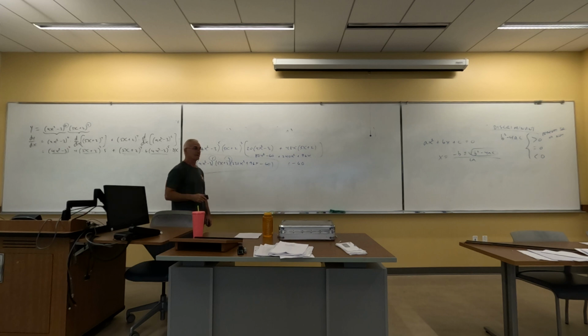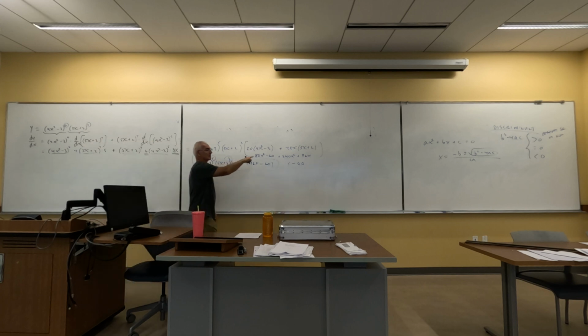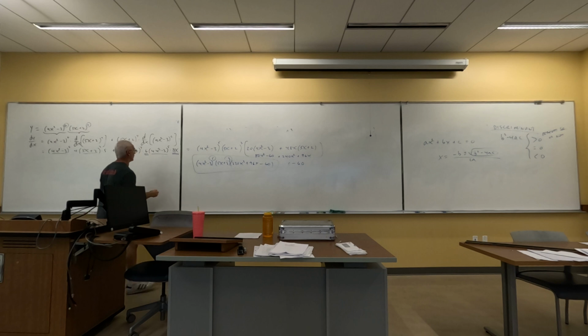For the 48 though, I don't understand why it's 48x multiplied by the 5x plus 2. Well, because it's multiplying the 4x squared minus 3. I have this times this times one of these. So you just switch the 2? No, on the other side, it's 4 times.